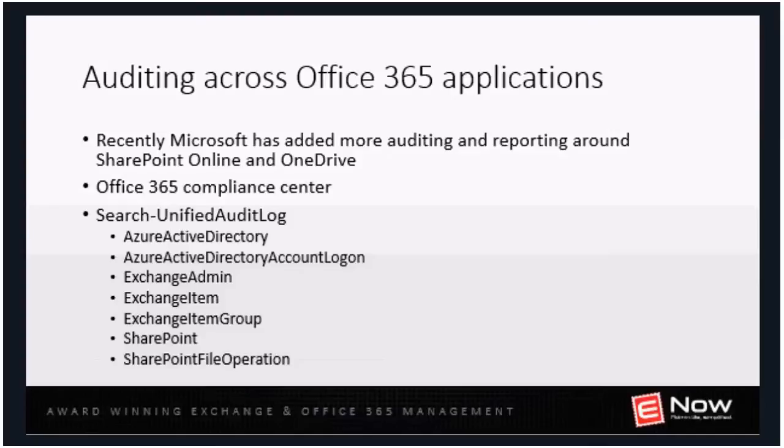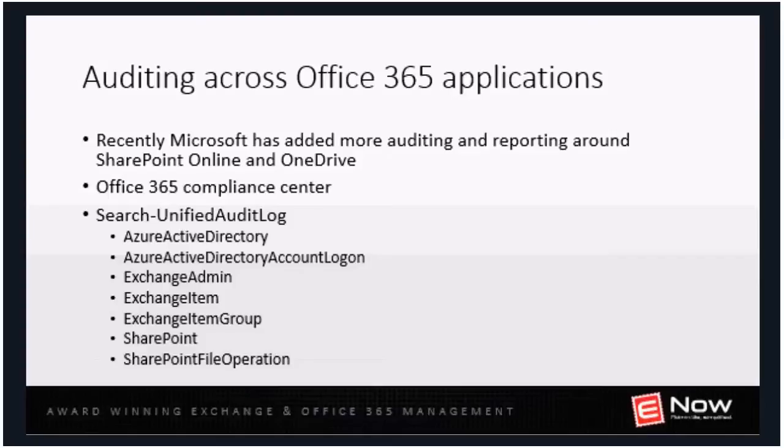They've created the Unified Audit Log. It's available in a GUI in the Office 365 Compliance Center. You'll have a new icon in your waffle menu in Office 365. We'll show you that in a minute, where you can go into that Office 365 Compliance Center, or you can access this all via PowerShell.